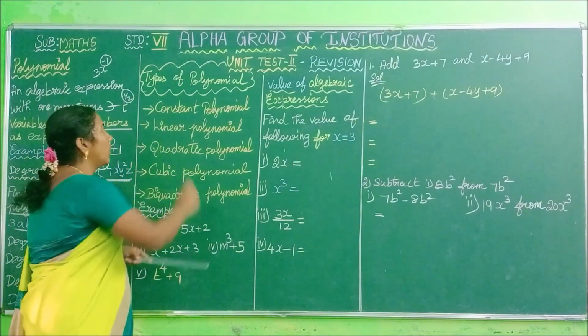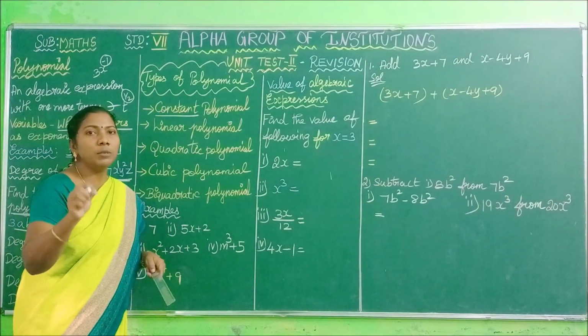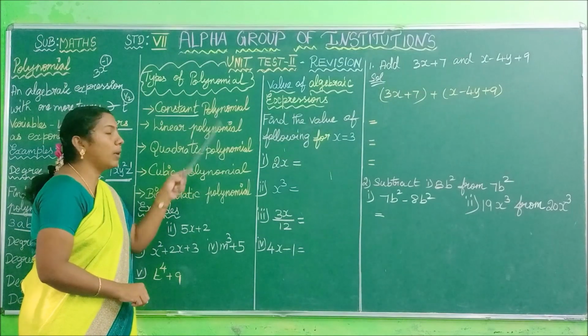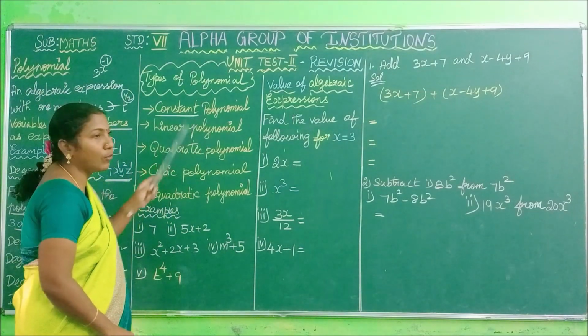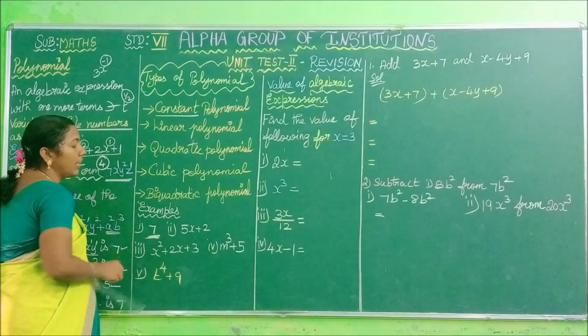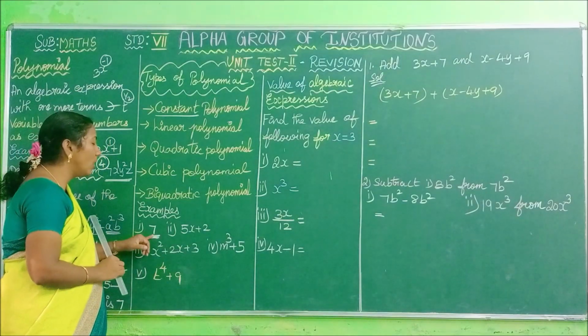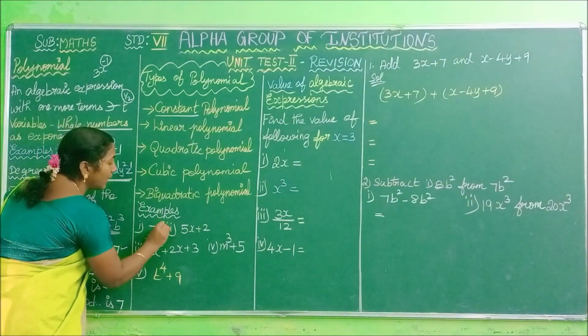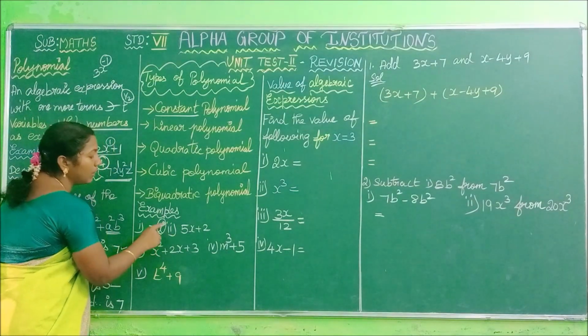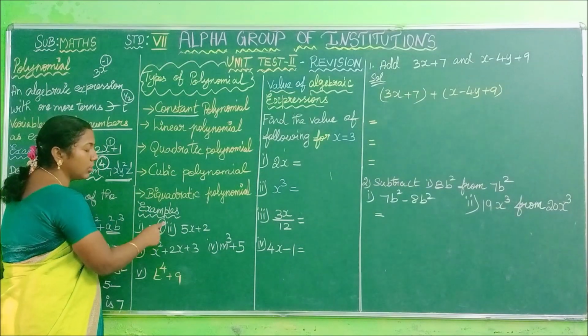See the first one, constant polynomial. What is meant by constant polynomial? If your polynomial has degree 0, we call it a constant polynomial. For example, see here 7. If any number is given, we call it a constant polynomial because it has a variable of degree 0, since anything power 0 is 1.